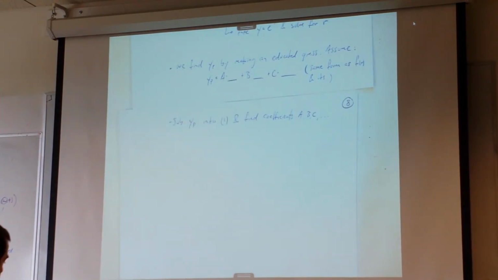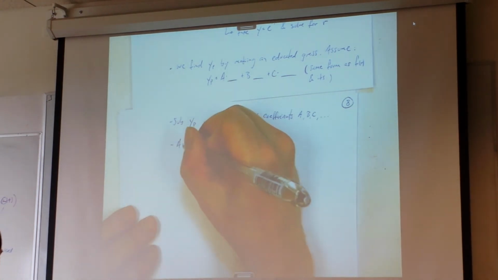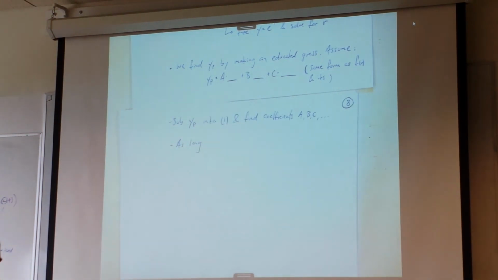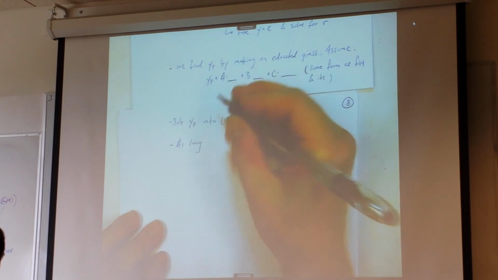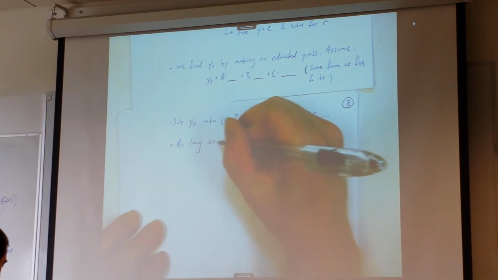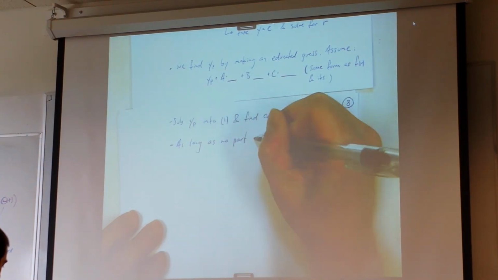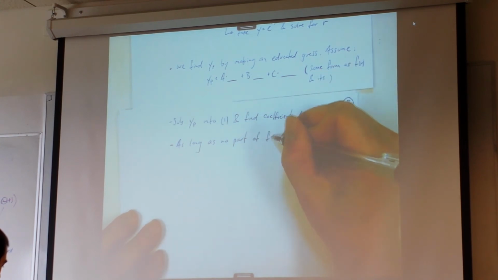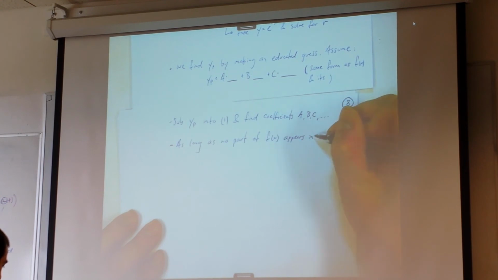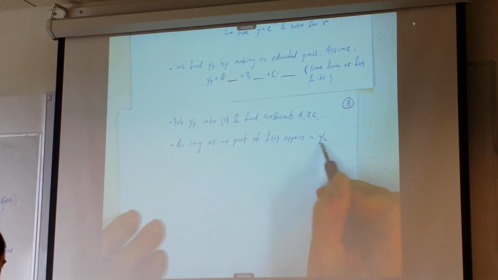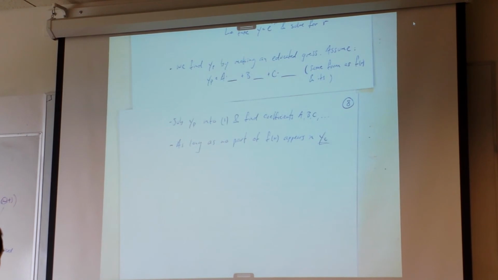Okay. And one other note. And we'll see what this means exactly. As long as no part of f of x appears in y sub c. So after we find the complementary function, that complementary function can't contain f of x.